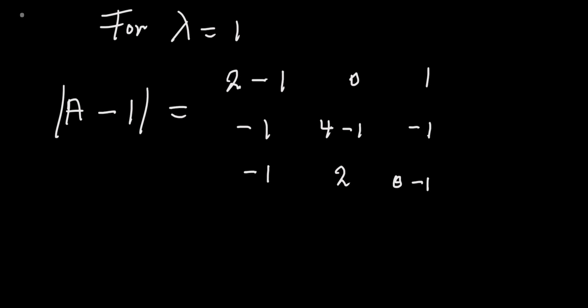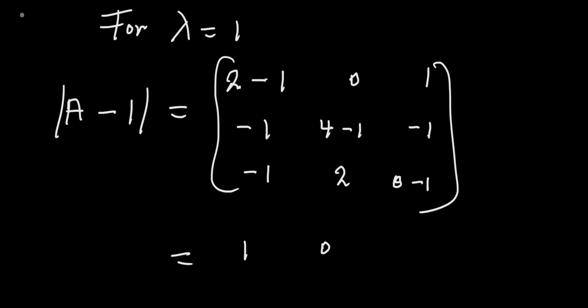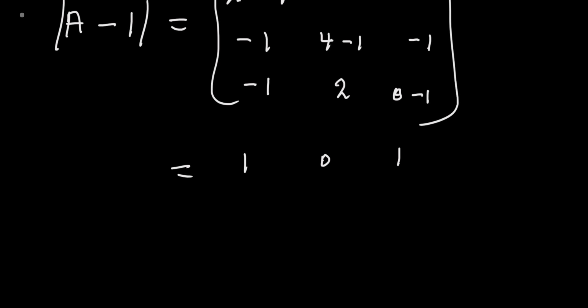We can simply put this in parentheses, and this will be equal to 1 minus 2 minus 1 is 1, and this will give you 1, 1, and negative 1, 4 minus 1 is 3, and negative 1, negative 1, 2, and 0 minus 1 is negative 1. So we can put this in parentheses.